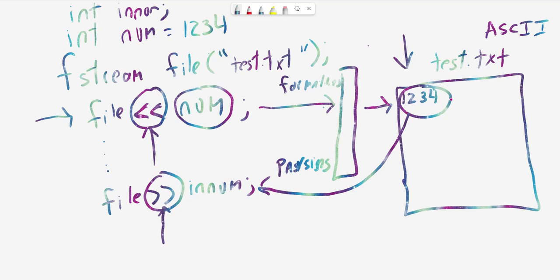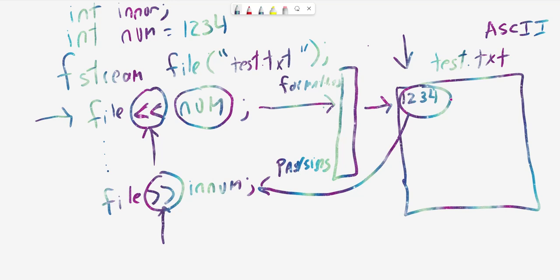Now that we understand the difference between formatting and parsing, when you write a binary file, these two concepts don't exist. Meaning that if you're writing to a binary file, there's no formatting involved. And when you're reading from a binary file, there's no parsing involved.